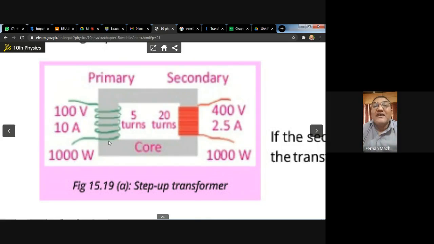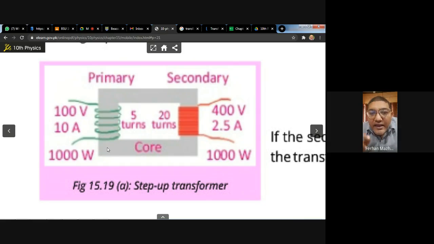I mean that if this side is north and this is south, when the direction of the current changes, the polarity of this magnet will also change. So now this will become north and this will become south. Try to understand this point.